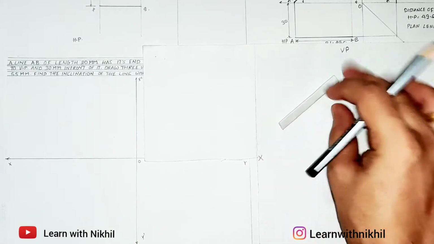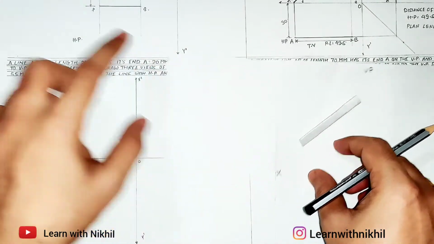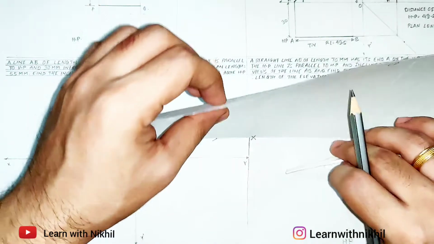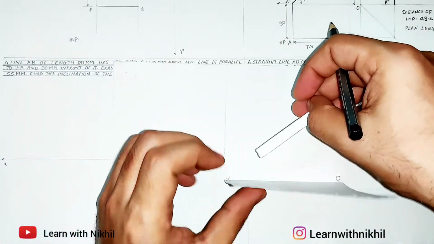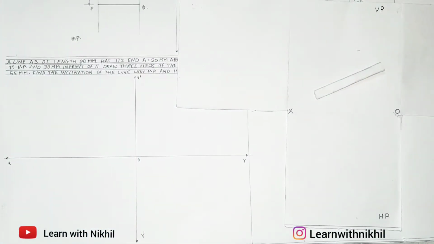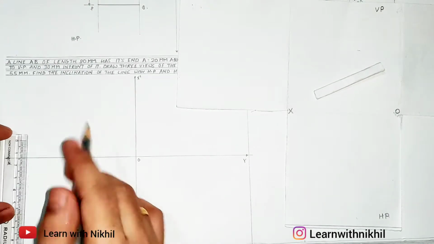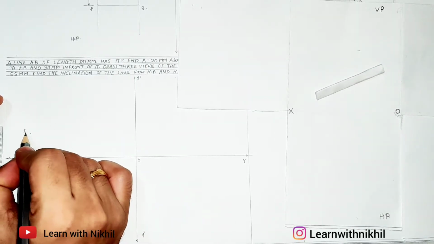So this is how the line will be. This distance is 20 above A, so A is 20 above the horizontal plane. From the front view it will look like this and this distance is 20. According to that, we'll plot a point 20 above. This point will be A dash.